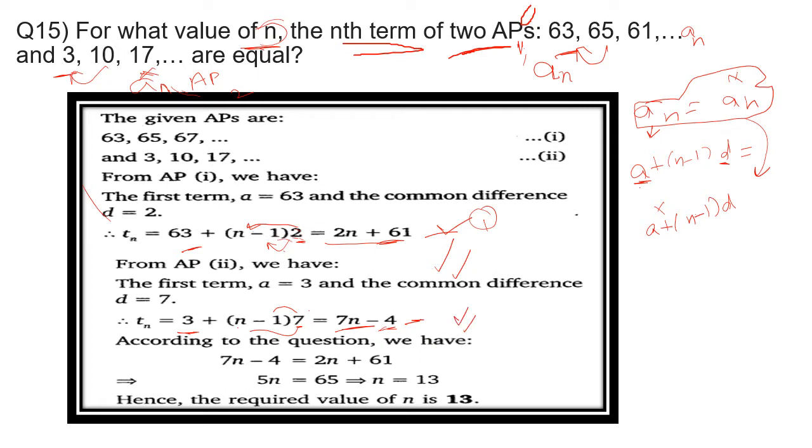According to the question, the nth terms are equal to each other, so you put them equal. We have 7n minus 4 is equal to 2n plus 61.